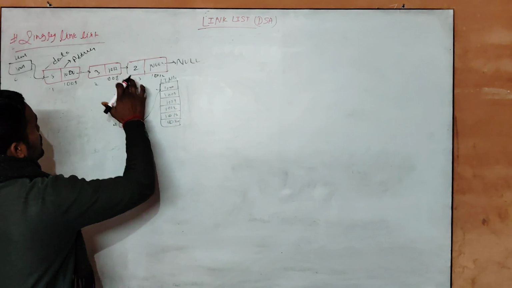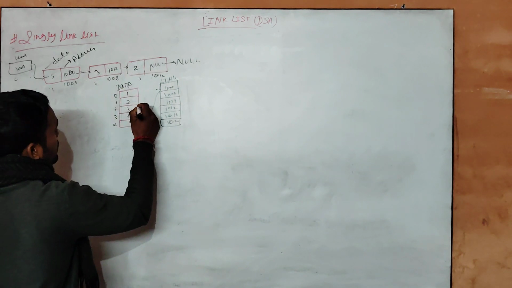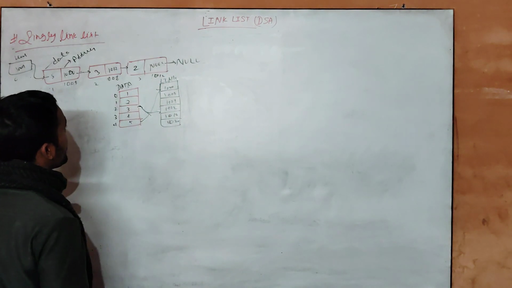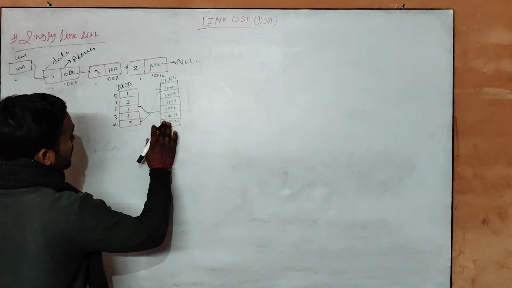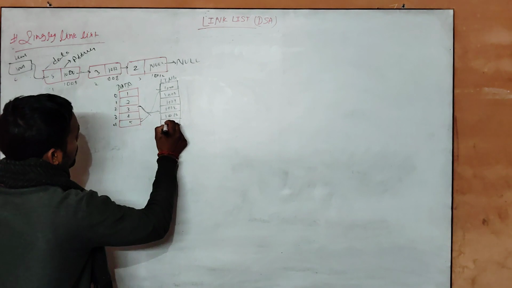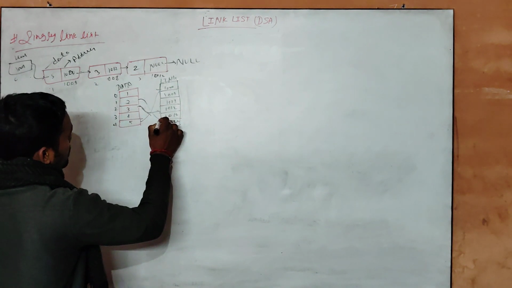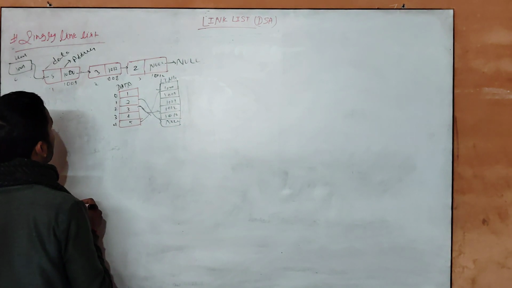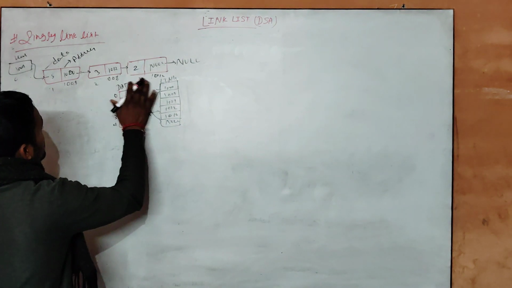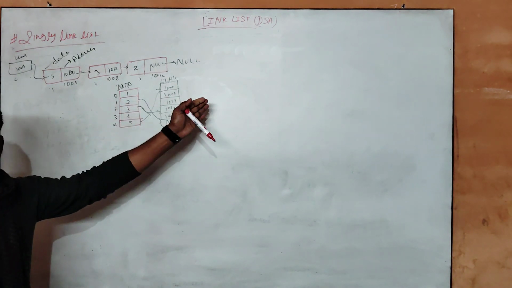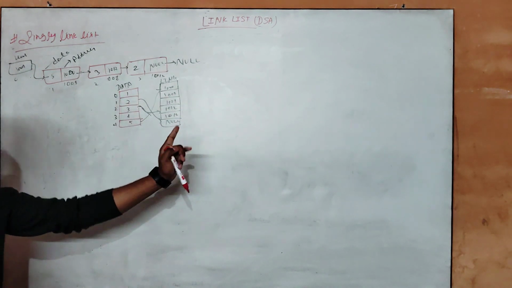Next, 1012 stores data 3 connected with 1008, and next suppose here null value. 2 connects with the null. Fine, so we have 3 nodes. This is the way to represent it inside the memory of your computer.